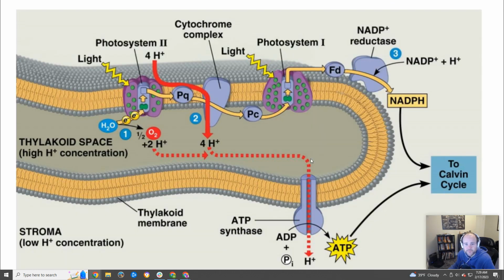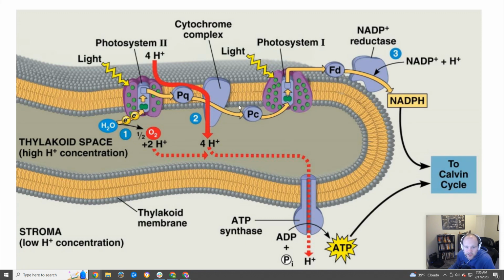Pretty cool. So let's look back at that big picture, and we can see photosystem 2 absorbing light and splitting apart water to harvest those electrons that are going to get excited at those pigment molecules. We can see oxygen getting released, and that's going to leave the leaf through those stomata. Hydrogen ions are getting produced, which are going to get pumped through ATP synthase.